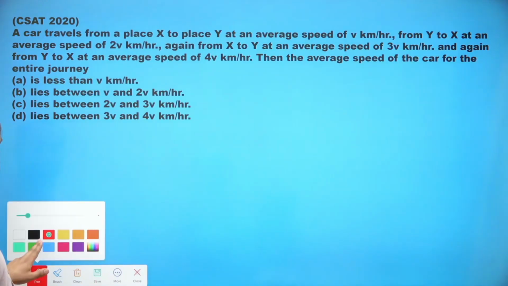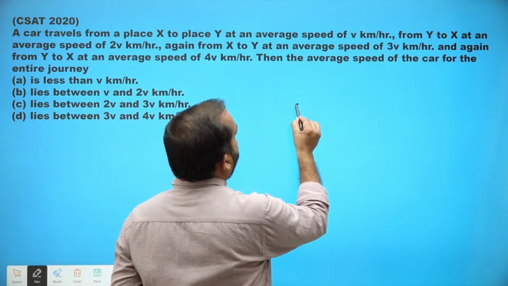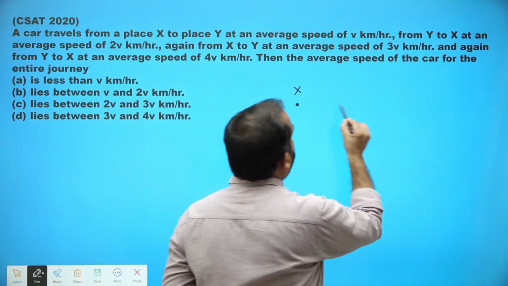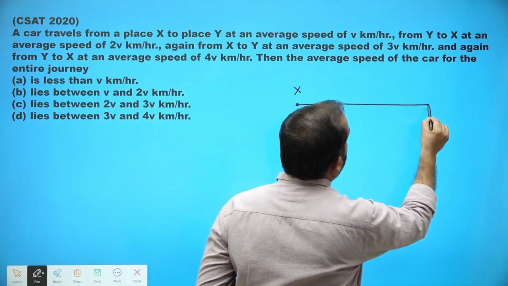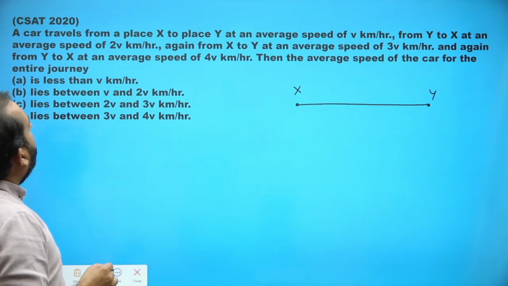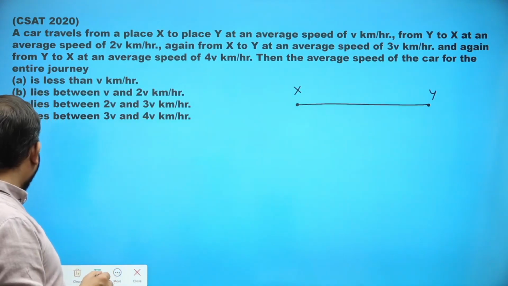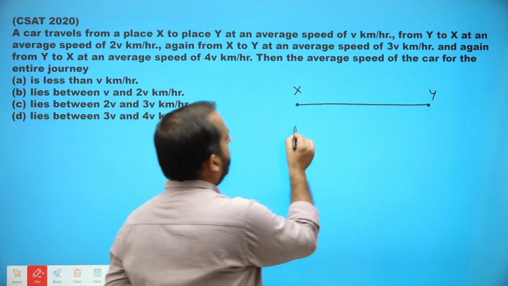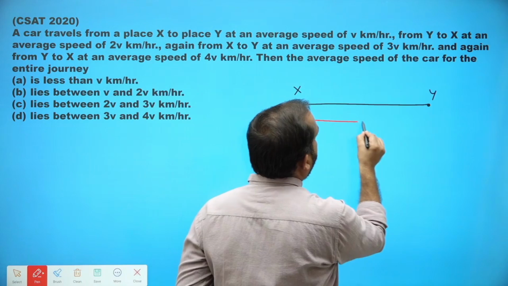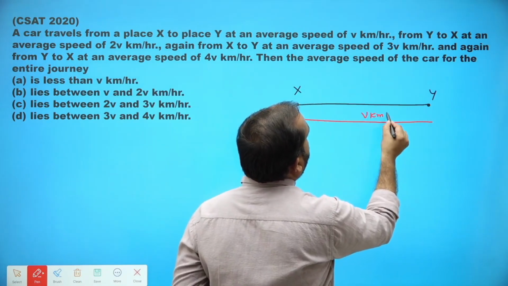This is a question. It says a car travels from a place X to place Y. So there is a place X and then a place Y. The car travels from X to Y at an average speed of V km per hour.